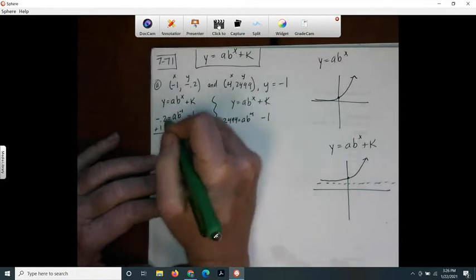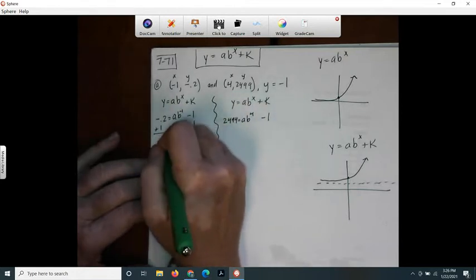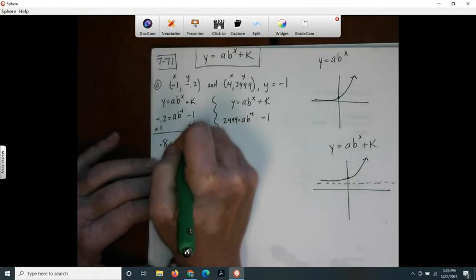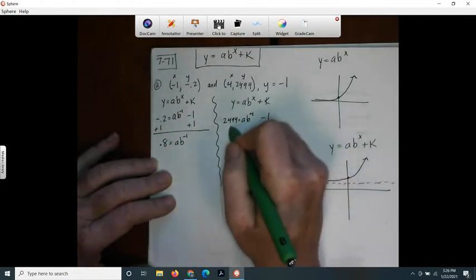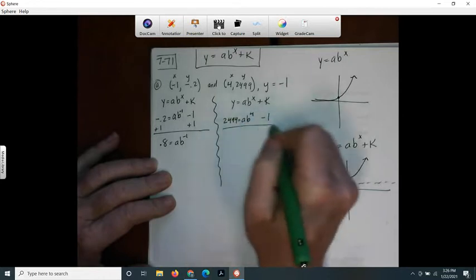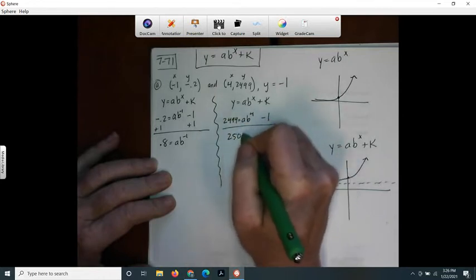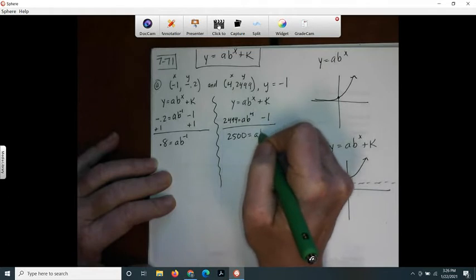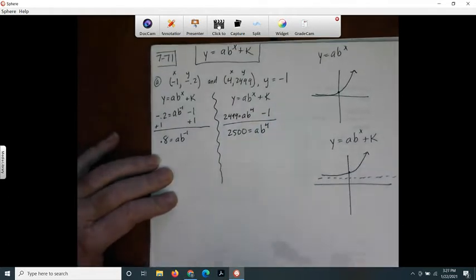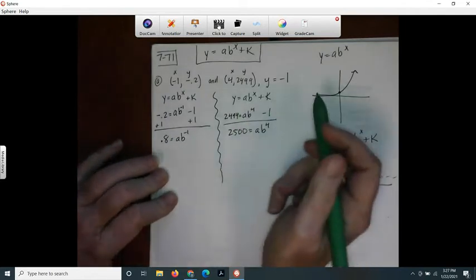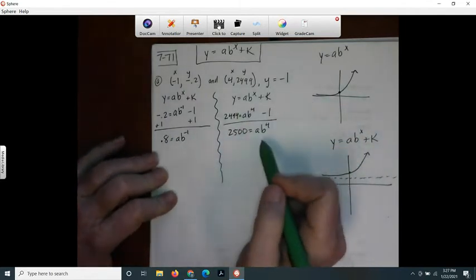I think this will be 0.8. I hope. And this one, when I add 1 over here, I think. And then my favorite way to do a system of equations with these is to divide one of them by the other one.